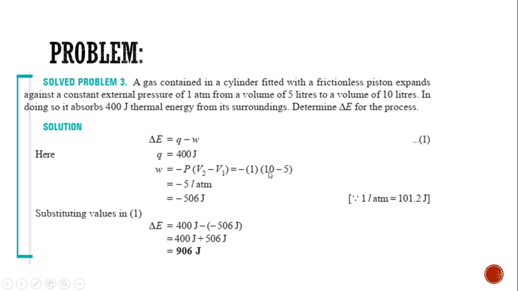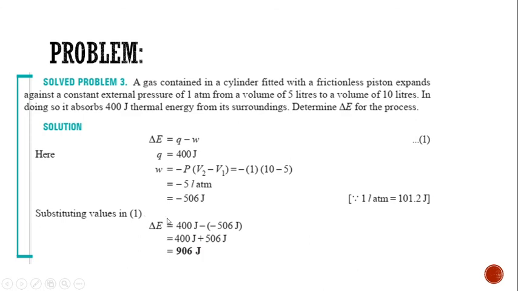Just calculate this value and your work done comes out to be minus 5 liter atm. You need to convert this unit into joules. For that we will use this expression: 1 liter atm equals 101.2 joules. So you need to multiply 5 with 101.2 joules and your answer will be minus 506 joules.